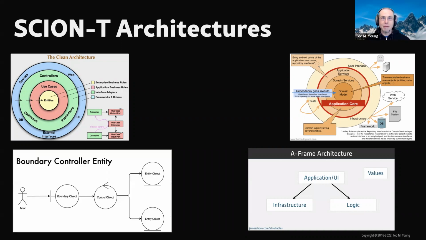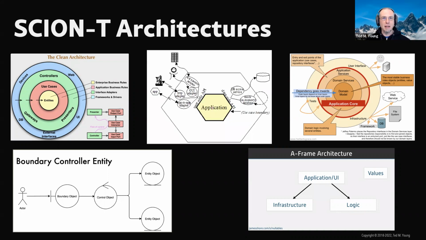We've been talking about differences in designs with his nullable wrappers and A-frame architecture. For those of you who've been around for a while, you may remember boundary controller entity. Same idea as separating some of these, a clear separation between the outside world and the core of your code. And of course, hexagonal. I had come across hexagonal way back when Alistair Cockburn first wrote about it.